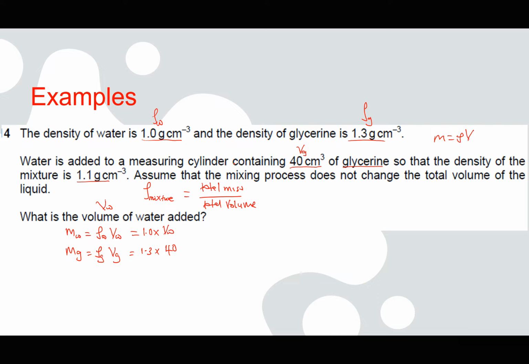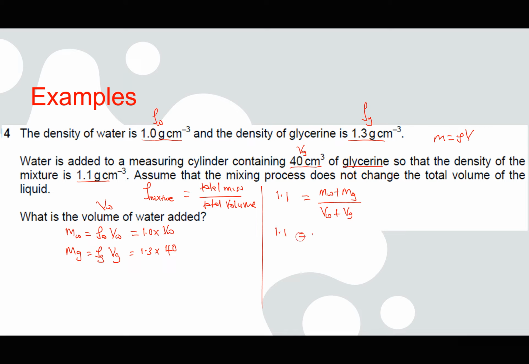Okay, so it means total mass will be the sum of these two. So it means density of the mixture, which is given as 1.1 grams per centimeters cubed, is going to be the total mass, which is going to be the mass of water plus the mass of glycerin divided by total volume, which is the volume of water plus the volume of glycerin.